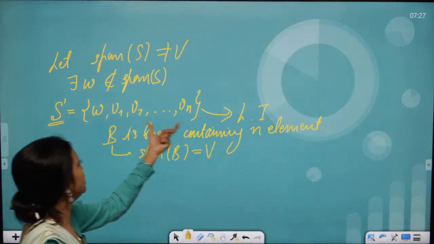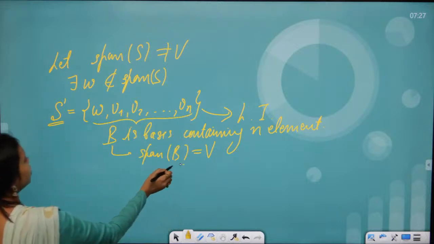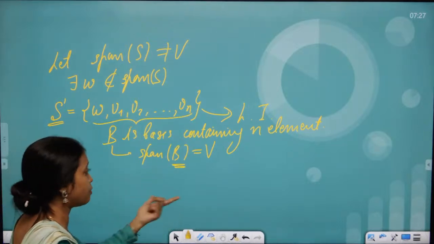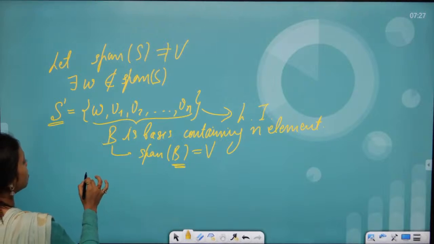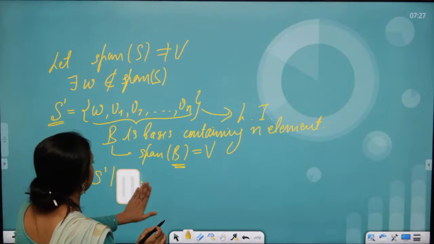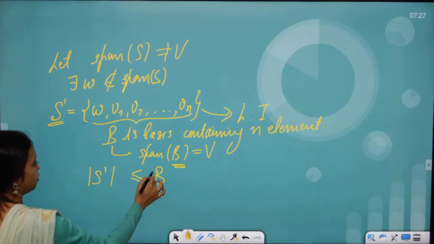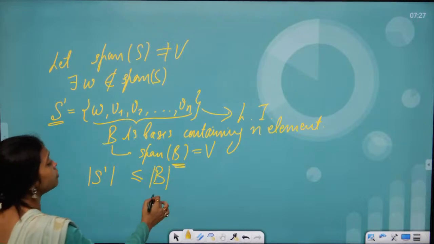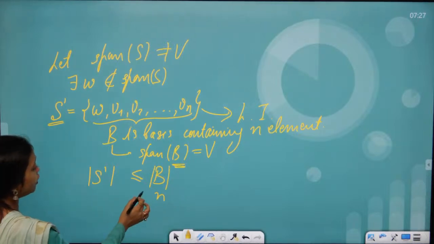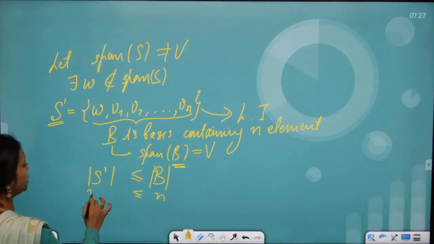that the number of elements in the linearly independent set will definitely be less than or equal to the number of elements in the set B that is spanning the whole vector space. So the number of elements in S dash is less than or equal to the number of elements in B. The number of elements in B is n, and the number of elements over here is n plus 1, contradiction.